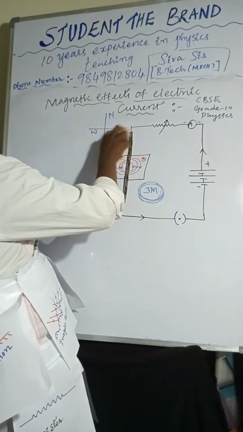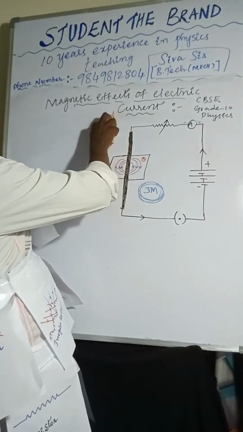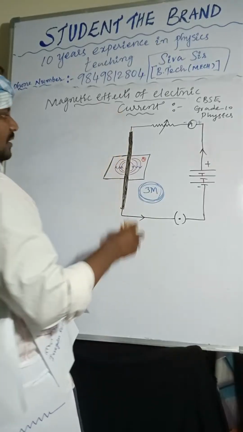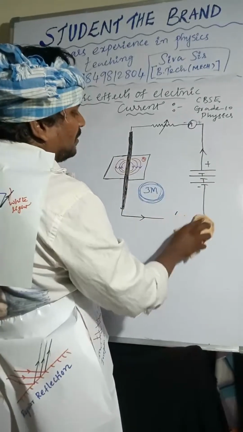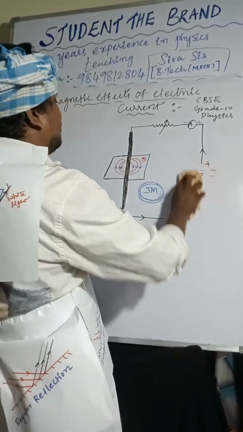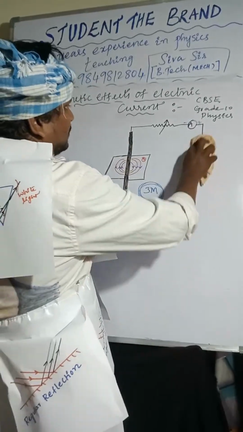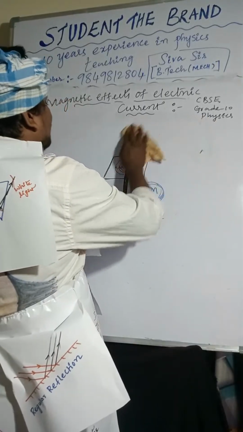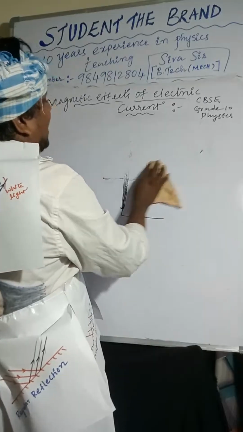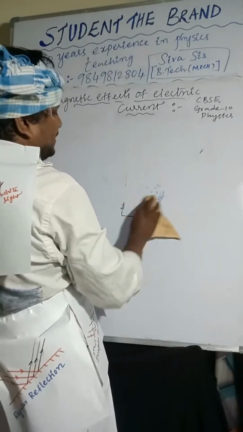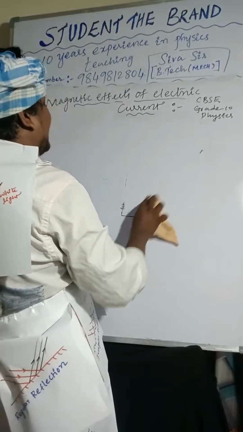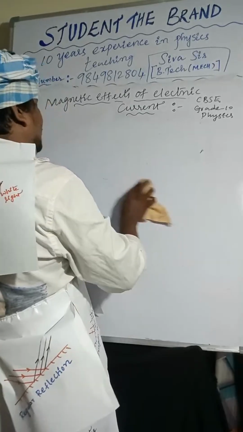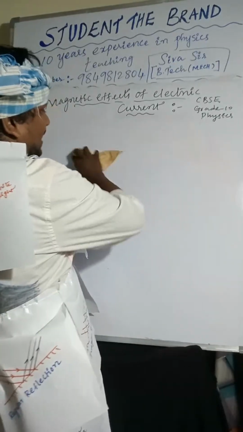At the end, we will discuss a few questions related to this concept. Based on the right hand thumb rule, they will ask about the magnetic field direction. If the current is moving east to west or north to south, how is the magnetic field? They will mention it with north to south and east to west.